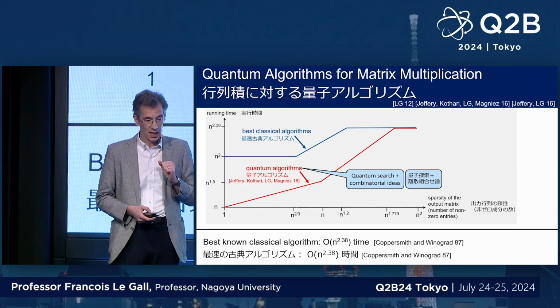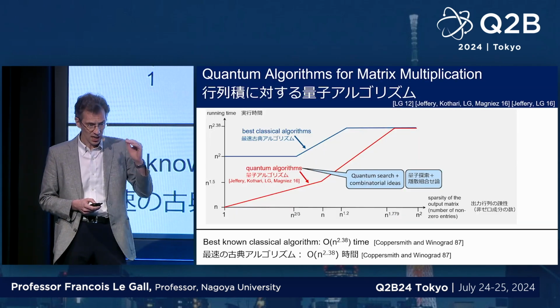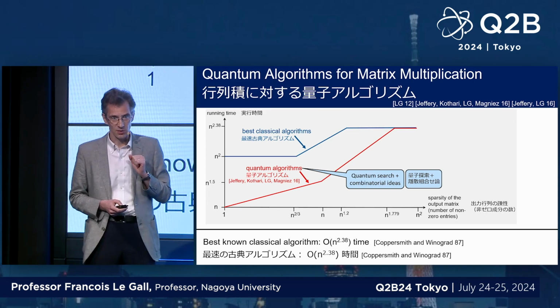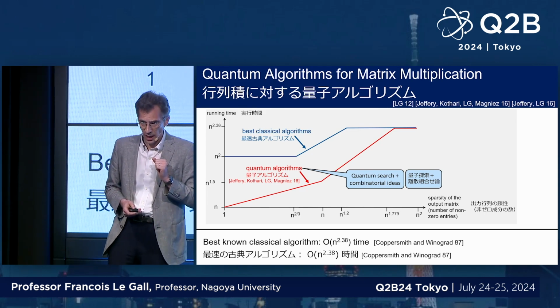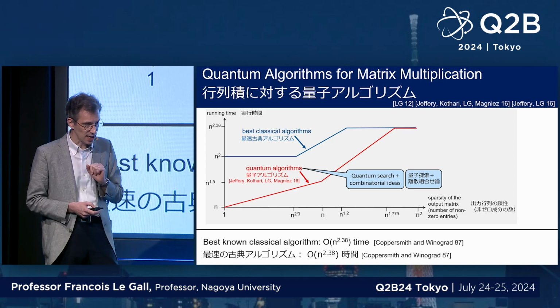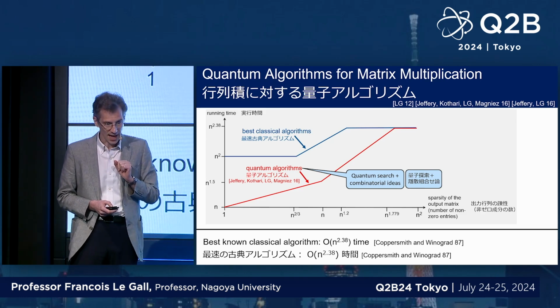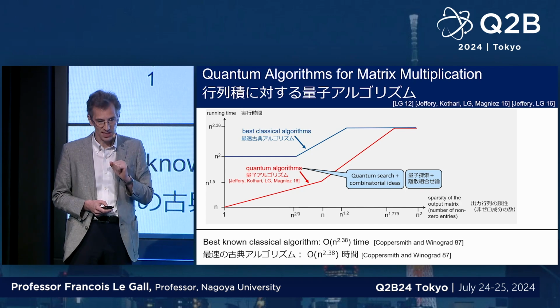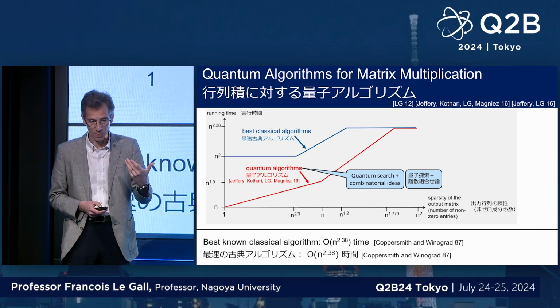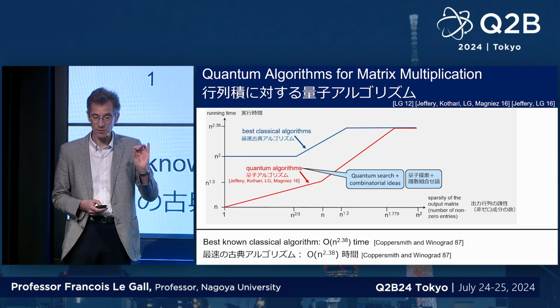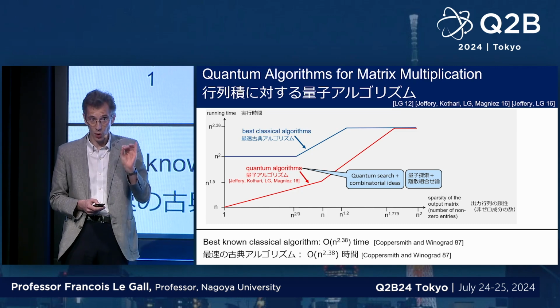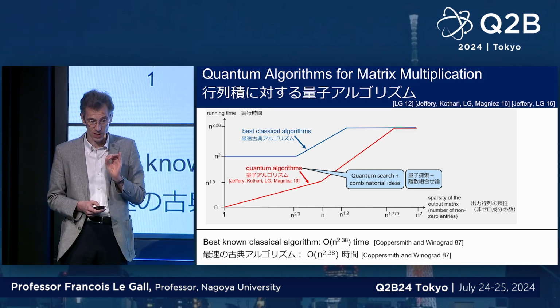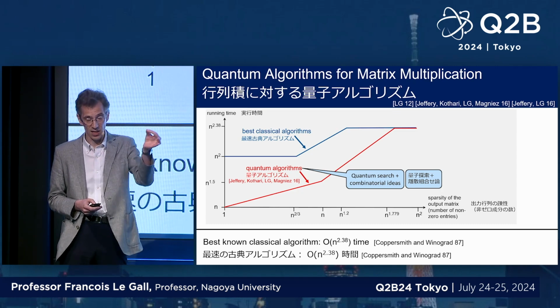And a few years ago, we started considering quantum algorithms for matrix multiplication. Here I represent the complexity of the algorithm we designed. The horizontal axis represents the sparsity of the output matrix, the number of non-zero entries in the output matrix, so between 0 and n squared.